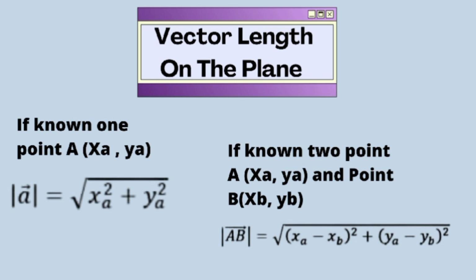If known to point A of XA and YA and point B XB and YB, vector AB equals square root of XA minus XB powers of 2 plus YA minus YB powers of 2. For the next topic will be explained by Nadira.